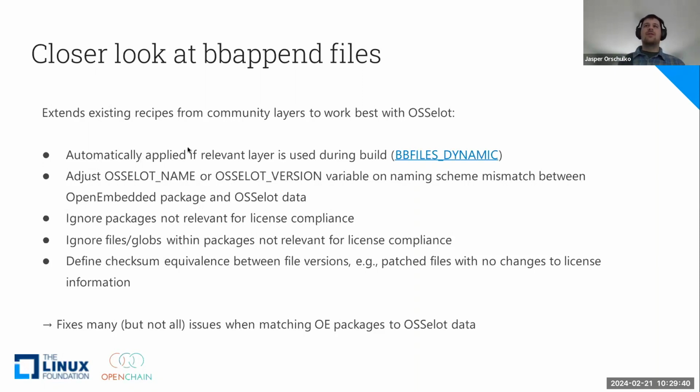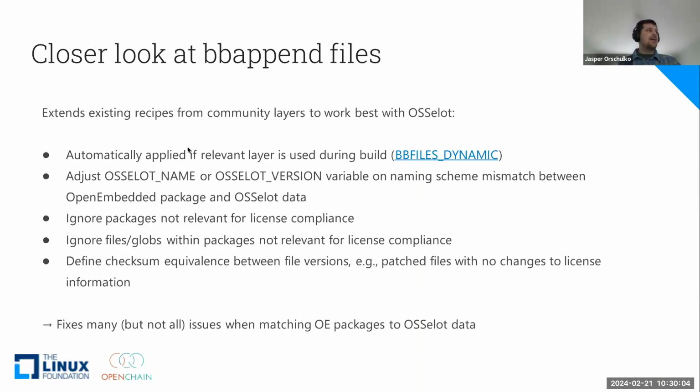The relevant source code is already in the repository, it's just that there's additional data that has been pre-generated. So in these cases, we can ignore them, and we can do that directly in the BB append in the meta-osselot layer. It's not something that everyone has to do in their own layers. We can do that at one central point.